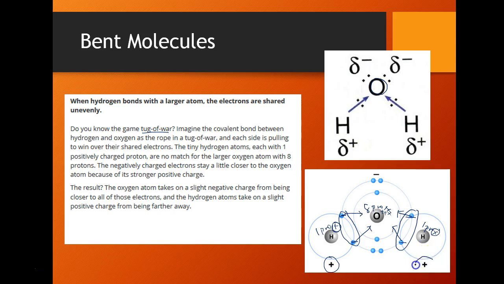So these are slightly positive, but the oxygen atom, because the electrons are becoming closer to its nucleus, is actually becoming slightly negatively charged. And that's what these symbols mean. It's a partial negative and a partial positive. It's not a full positive charge because the hydrogen still has those electrons, but because they're closer to the oxygen, it's partially positive.